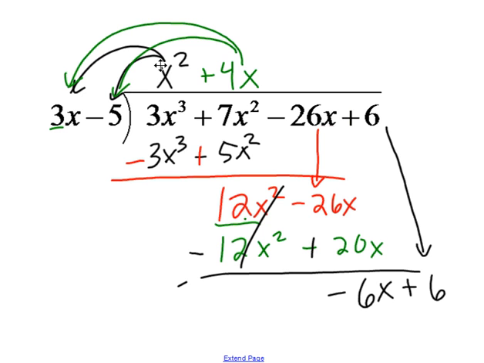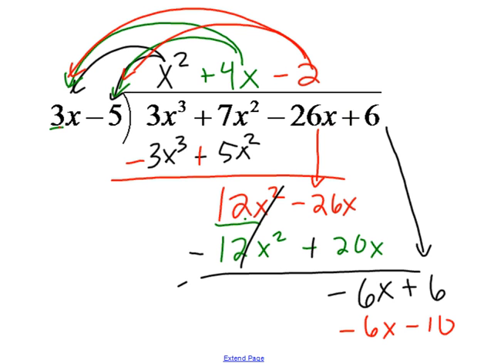Try to figure out what times 3 gives me negative 6. Well, that's negative 2. And I don't need an x this time. So multiply that through, and I get negative 6x minus 10. Change your signs and add, and I end up with 16 as a remainder.